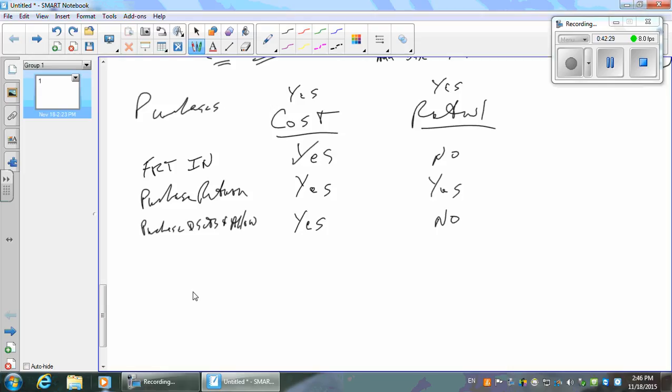What's the next one? Is it sales returns and allowances? Yeah, we can do that. Let's do sales returns and allowances. Let's do sales discounts. What do you think you're going to do with that? Do those affect cost? No. Do they affect retail? Yes. It'd be net sales is what we said, right?